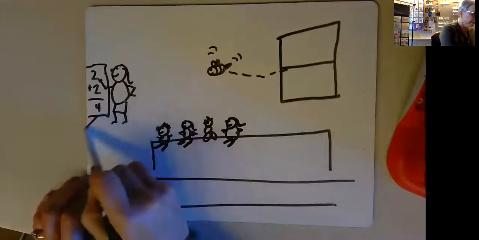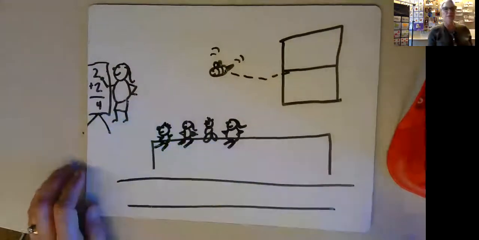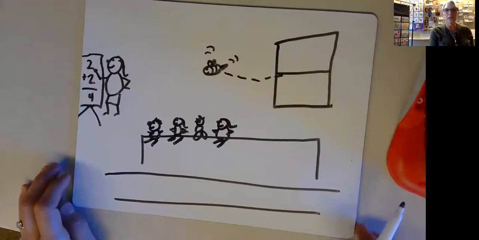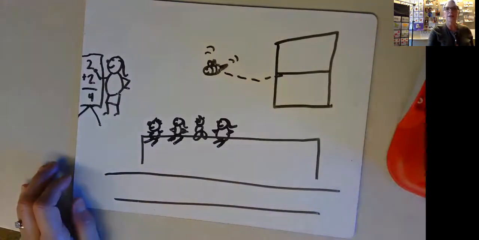Isn't that fun? So now what I want you to do is I want you to get your story that you were working on yesterday, and I want you to make sure that you have who was there, how they were feeling, and what was happening. Who was there? How was everybody feeling? And what was happening?